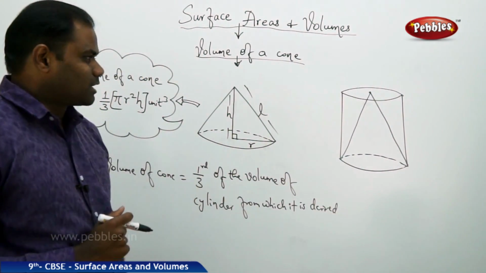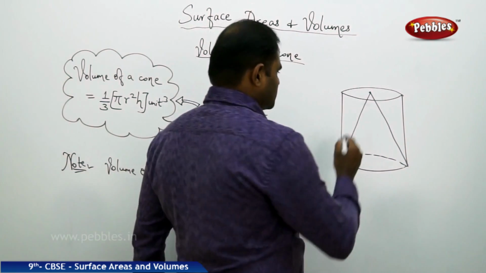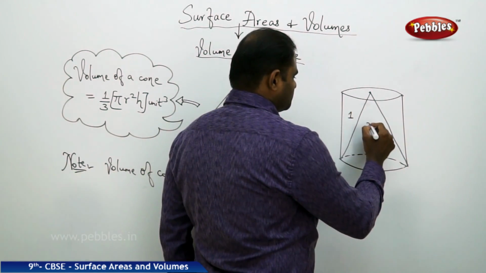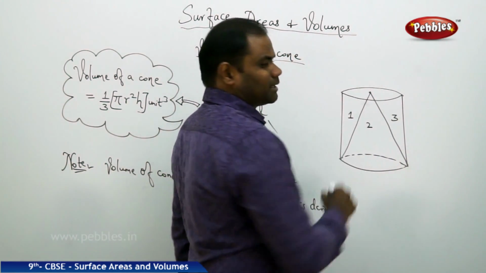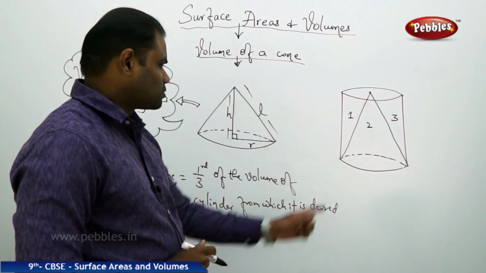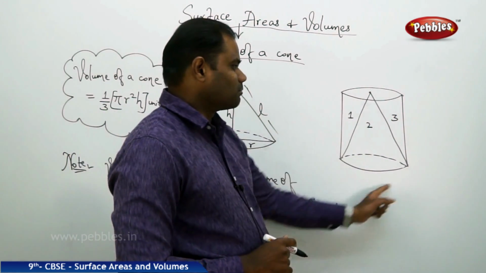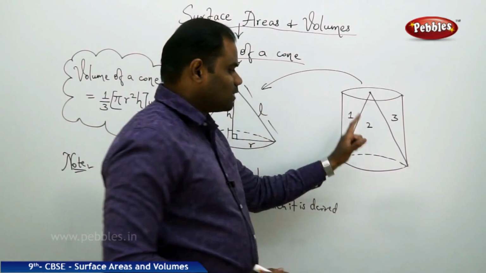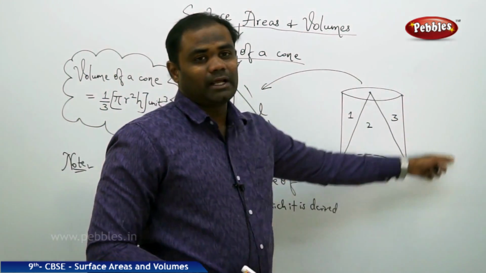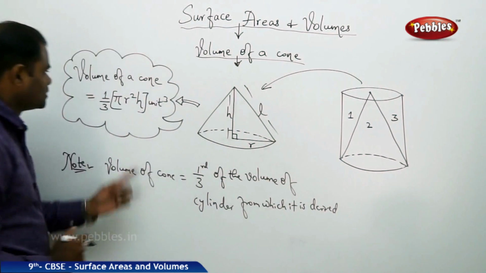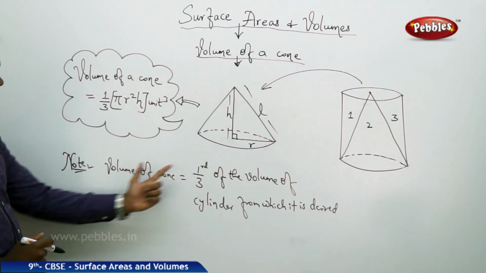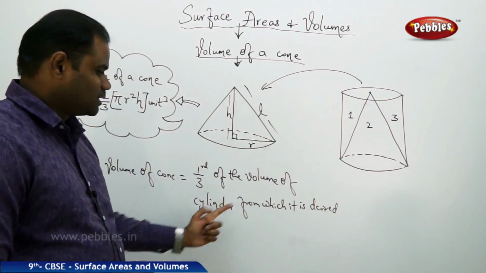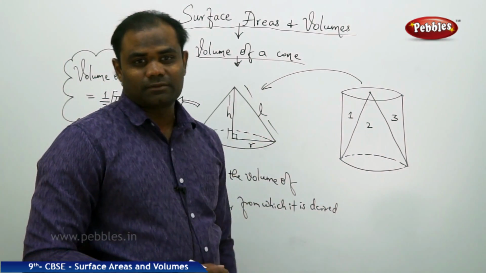So we assume that if a cylinder is cut into 3 parts, part 1, part 2 and part 3, this clearly is said to be a cone which is generated from this cylinder, and hence a cone generated from a cylinder is 1/3 part of the entire cylinder, and hence the volume of a cone is 1/3 of the volume of the cylinder from which it is derived.